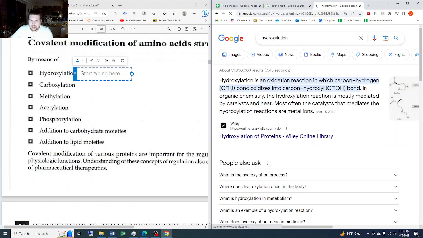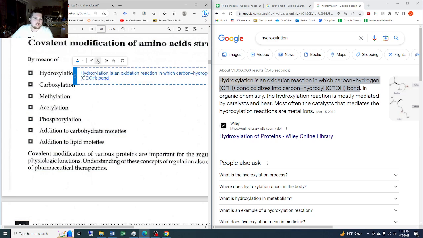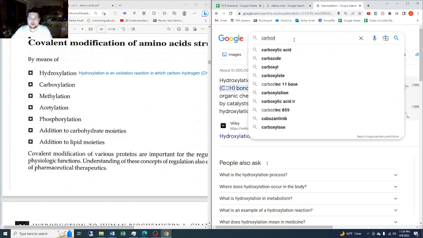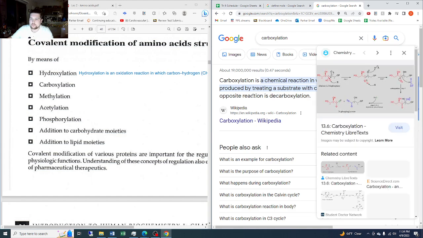Hydroxylation, adding of hydroxyl groups, is an oxidation reaction in which carbon-hydrogen bond oxidizes into carbon hydroxyl. So we're adding that oxygen right there. If you can understand these really, really well and know what each of these are, carboxylation, a chemical reaction with carboxylic acid, is produced by treating substances with carbon dioxide.